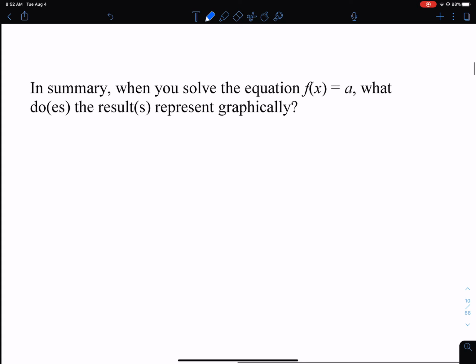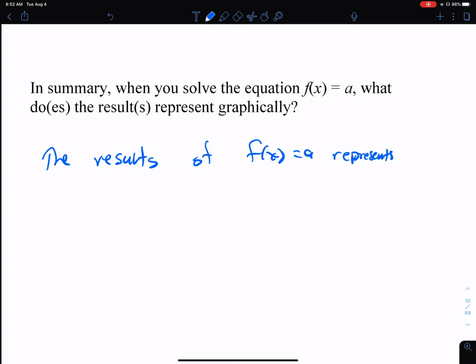In summary, when you solve an equation f of x equals a, what does the result represent graphically? The result of f of x equals a represents the x value when y equals a.